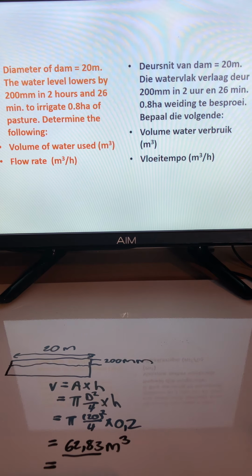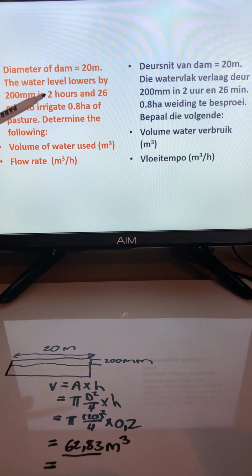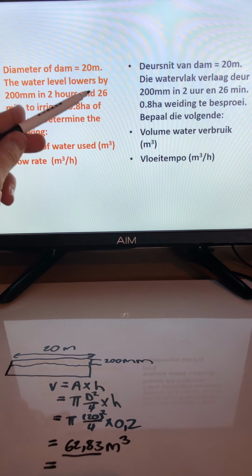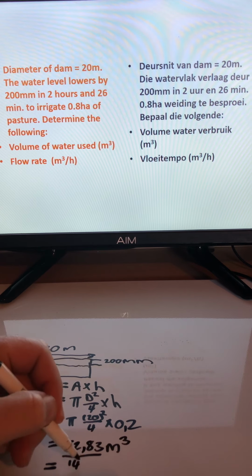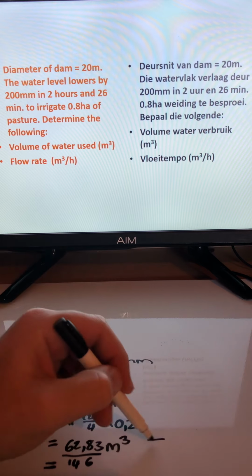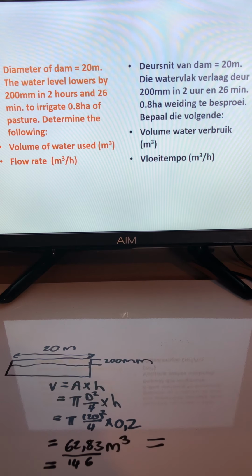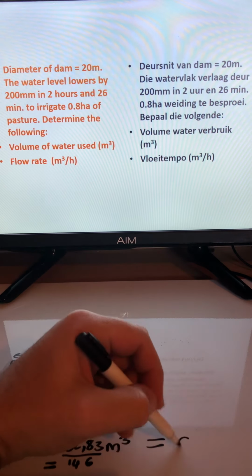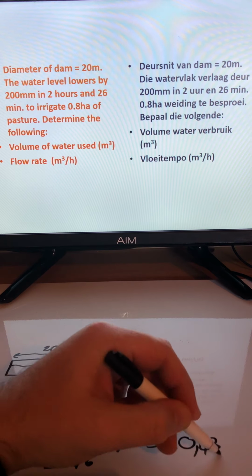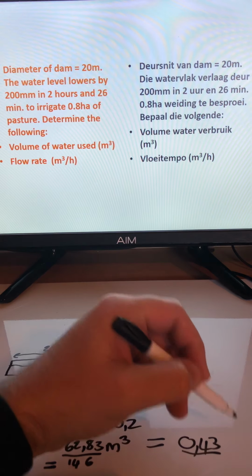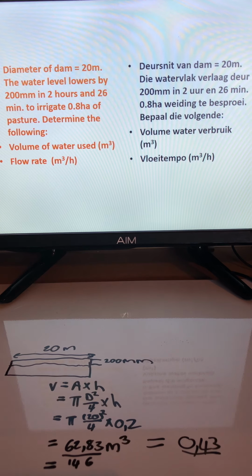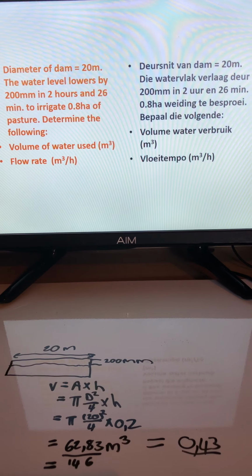So that'll be 60 minutes in an hour, so that's 120 minutes, plus that 26 is 146 minutes, and your answer will be 0.34 cubic meters per minute, which you can then convert over to seconds or in complete hours if you want to.